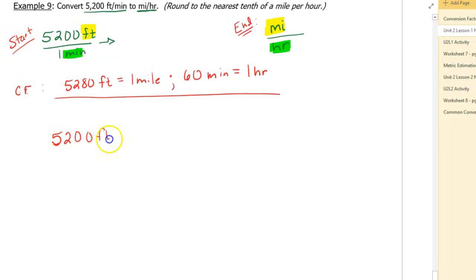All right. So now using our string, we're going to start with our given 5,200 feet over 1 minute. Now it really doesn't matter which you convert first. I normally convert the top first and then I worry about the bottom. So kind of one step at a time. So this is what we want to use next if we're focusing on feet.